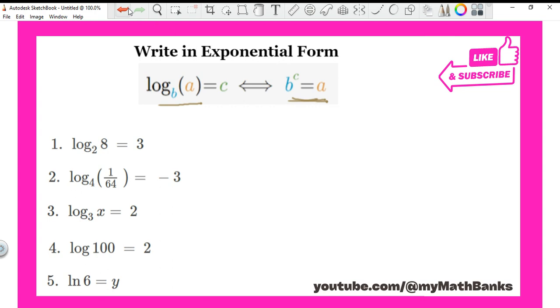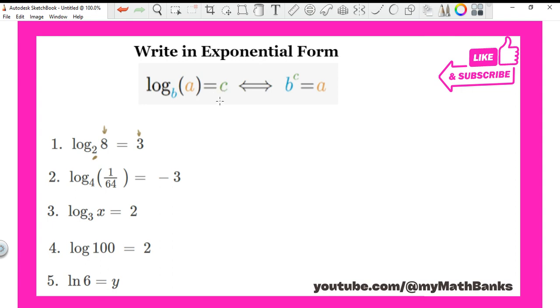All right, let's check our first question here. This is obviously a logarithmic equation wherein this is your base right here, this is your argument, and this is your index. Now, according to the formula, log base argument equals your exponent.